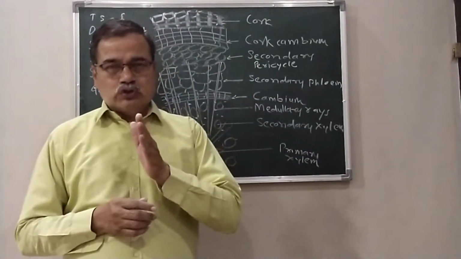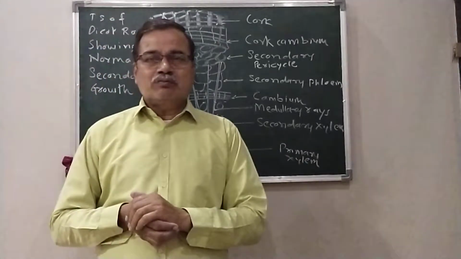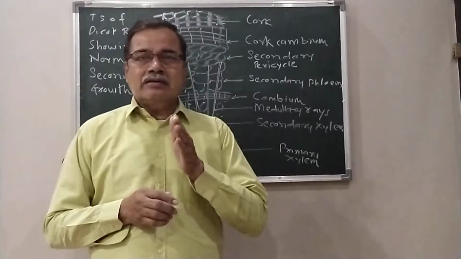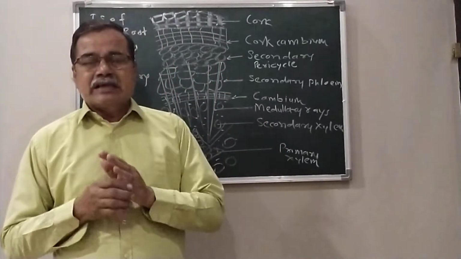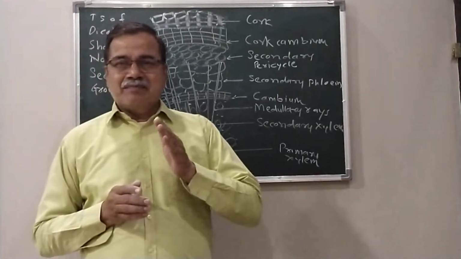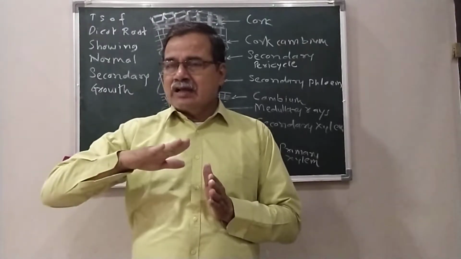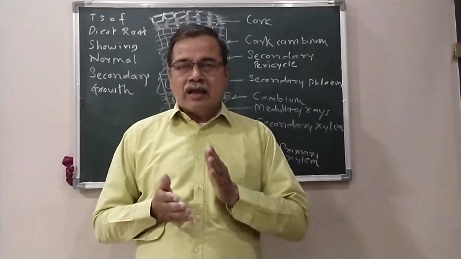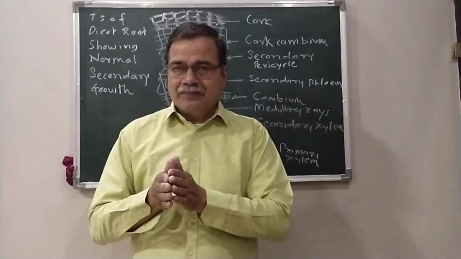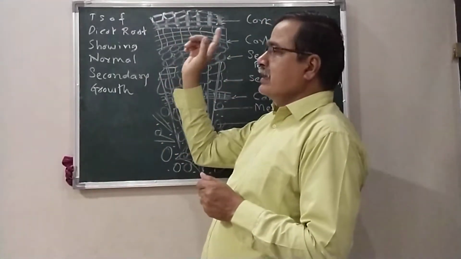While the secondary tissues are developed, more vascular tissue formation takes place, that is the secondary xylem and the secondary phloem. Secondary xylem is formed in more amount as compared to the secondary phloem. When secondary xylem forms in more amount and phloem in lesser amount, such growth is known as normal, and in general it shows normal secondary growth.